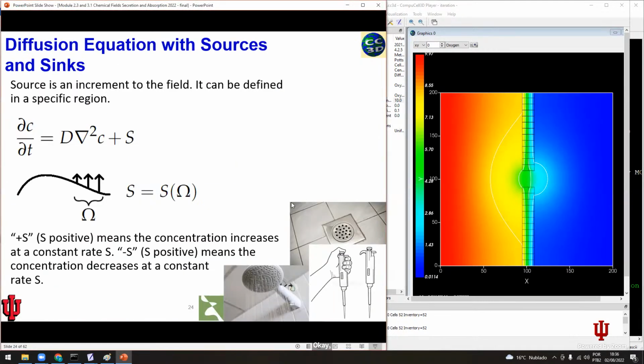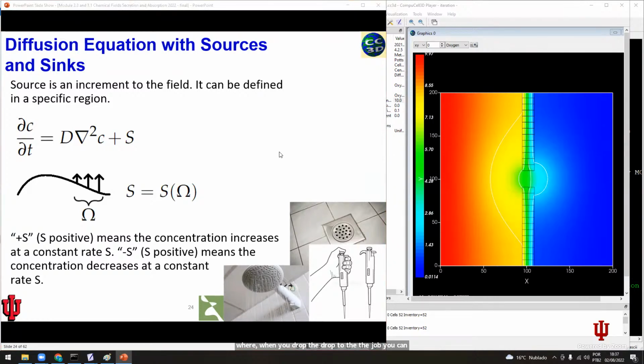And also when you drop, for example, a drop of dye on the water with your pipette, the moment you drop the drop, you can think of it as a source as well.